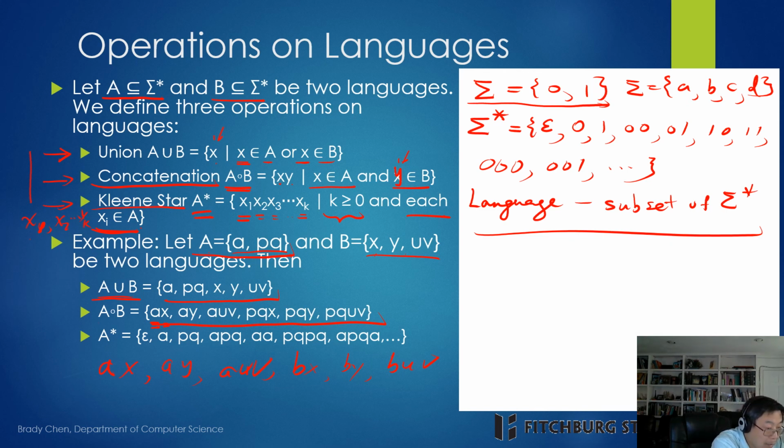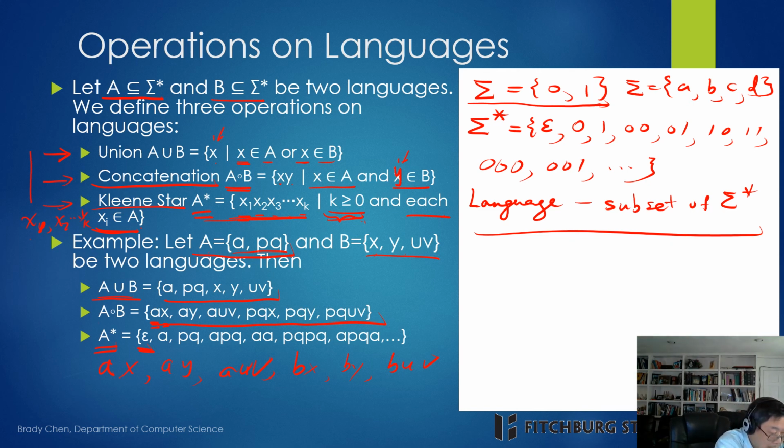Now, the Kleene star of A is defined as all the concatenations of the strings in the language A. Look at the definition: k also includes 0. That means it could contain no string, so it includes the empty string.